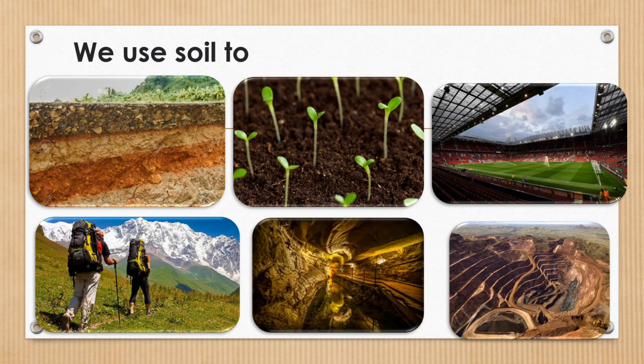Layers of soil explain the different elements that were in that place over time. If you look at the first picture on the top left, you can see layers of soil in the same area. You can find different types of soil with different elements, such as rocks, roots, maybe tools.